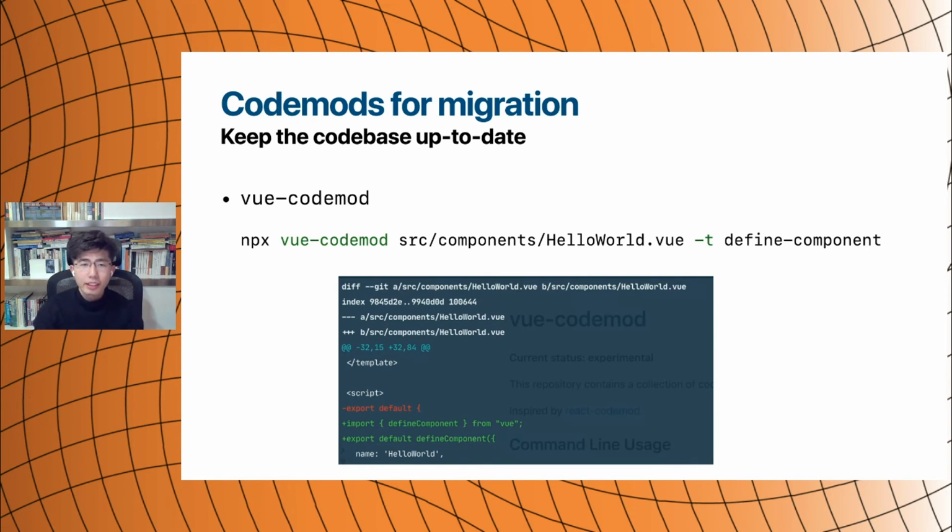It is currently still under heavy development, and we might ship it in Vue CLI 5 under a new command that is used to migrate your Vue 2 projects to Vue 3.